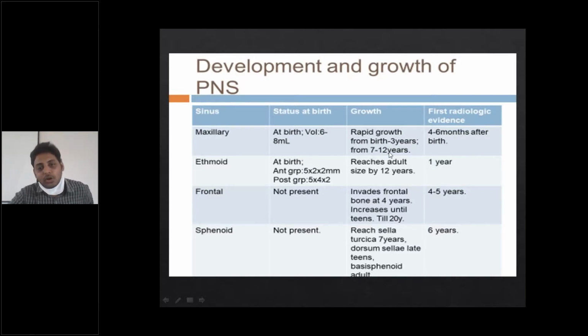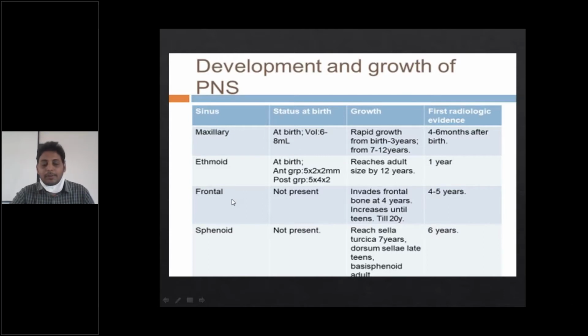Maxillary sinus has biphasic growth: it grows up to 3 to 7 years in the first phase and 7 to 18 years in the second phase. Ethmoid sinus stops growing, reaching adult size, by 12 years. Another point is frontal sinus is late to develop after birth, and it is the last sinus to reach its adult size.